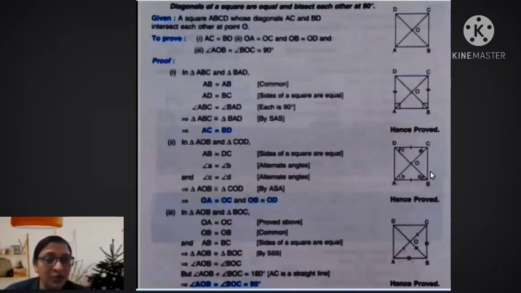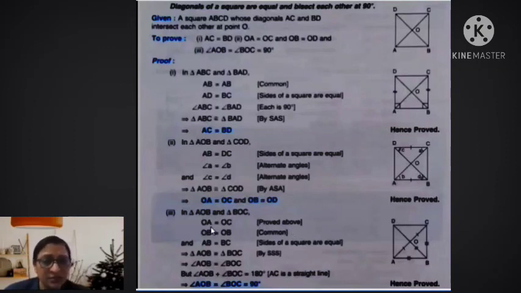As a result, triangle AOB is congruent to triangle COD is proved by angle side angle test. From this, side OA is equal to OC and side OB is equal to OD is also proved, since they are the corresponding sides of the congruent triangles.